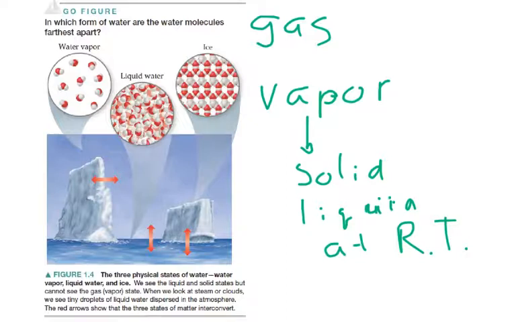So a vapor is always a gas, but a gas doesn't have to be a vapor. So we'd say, like here, they use the term water vapor. We would never say oxygen vapor, because oxygen's always a gas at room temperature, where water is a liquid at room temperature. So if we have it as a gas, we call it a vapor.